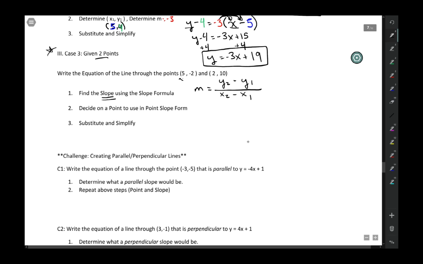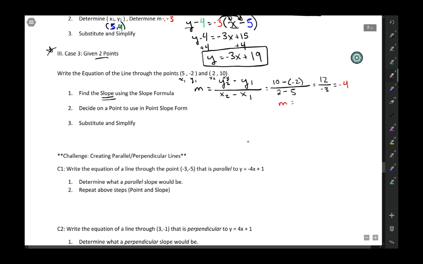You again can choose which is which. That's how I'll choose to do it. y2 is 10 minus -2. Hopefully you're comfortable finding slope. And 2 minus 5 tells me positive 12 over -3, which tells me my slope is -4. So m equals -4.